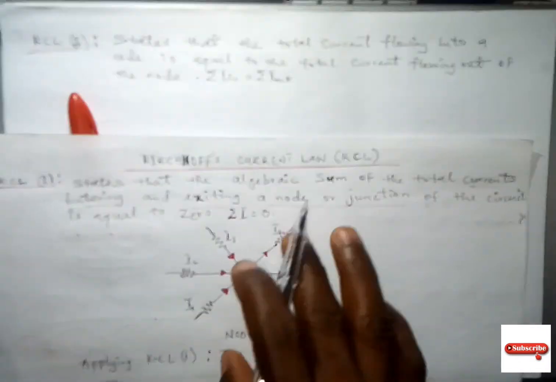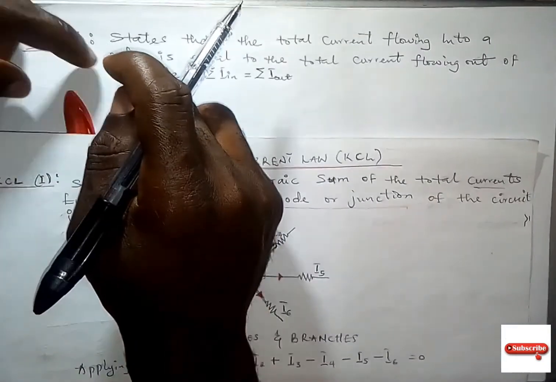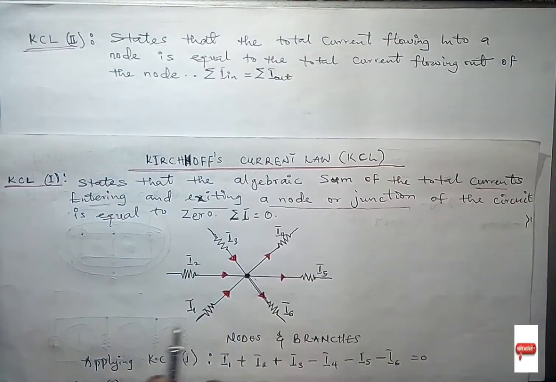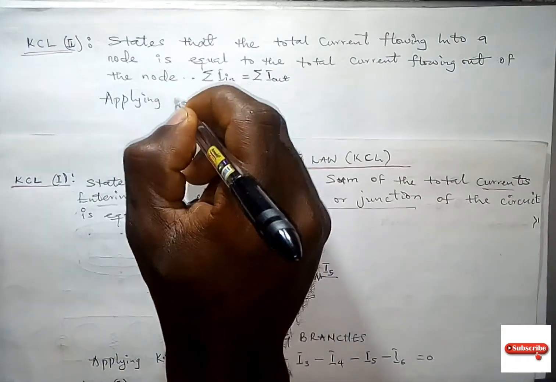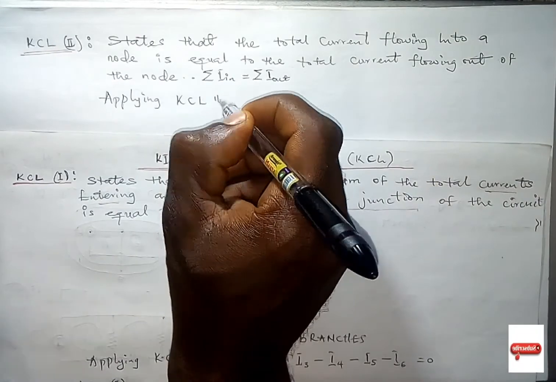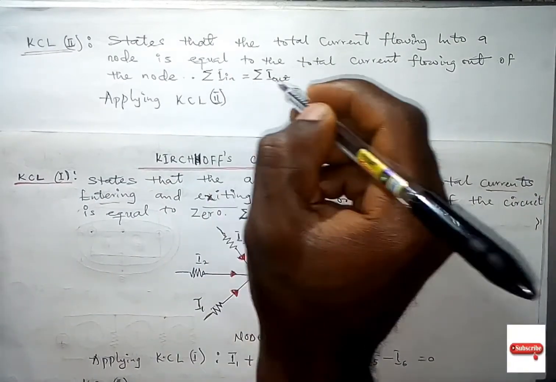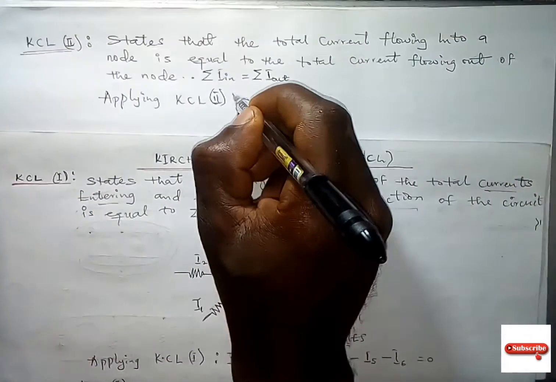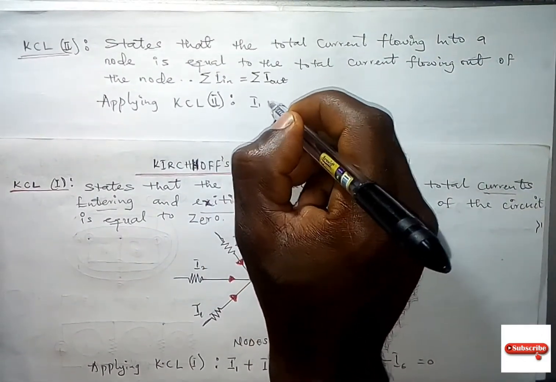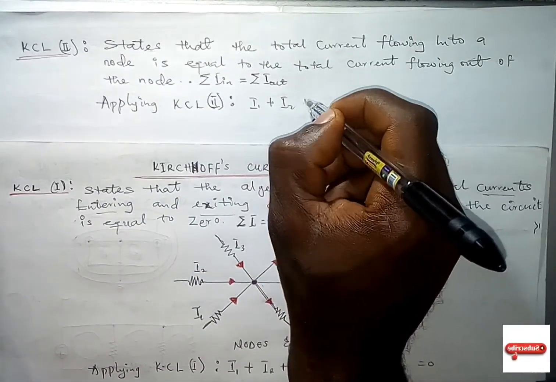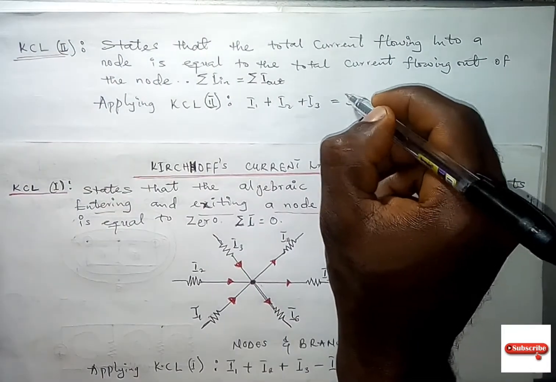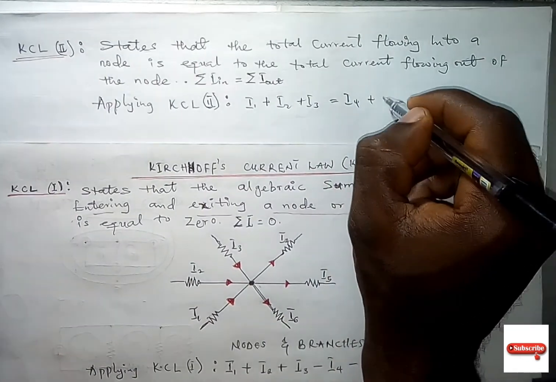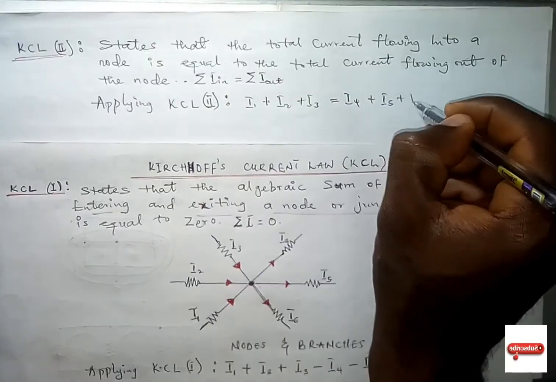So from here, by applying KCL, the second version of it, we can say I1 plus I2 plus I3 equals I4 plus I5 plus I6.